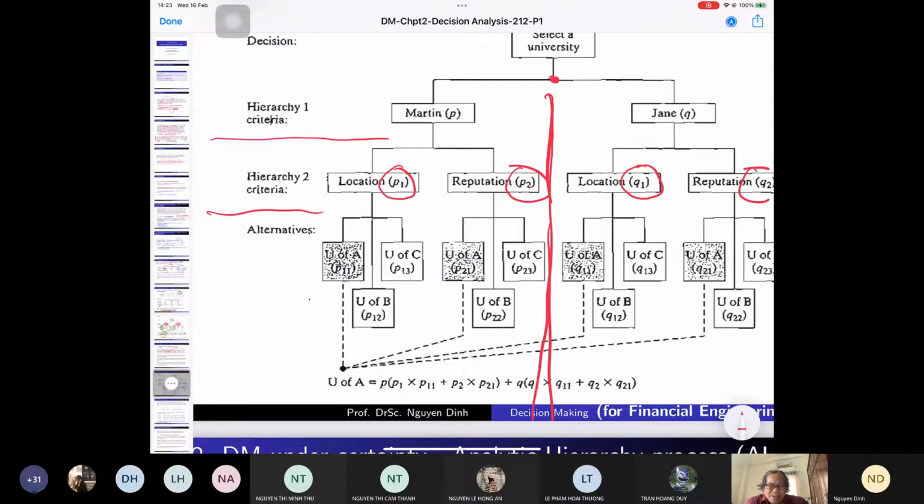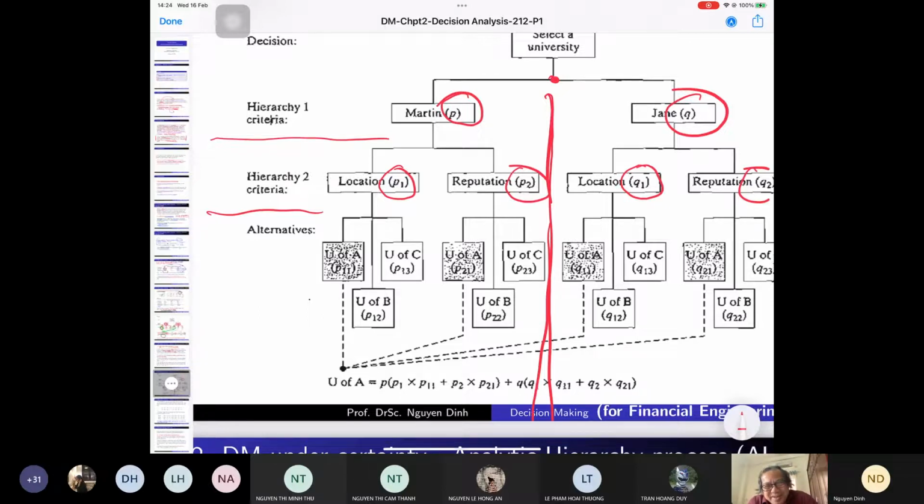For Martin it may be University A, but for Jane it may be different. We're calculating, but for the first hierarchy, you have here Martin and Jane, and you have here P, Q. What does it mean? It means that, for example, the parents say they prefer the idea of Jane.